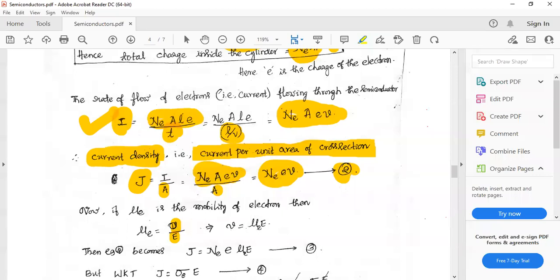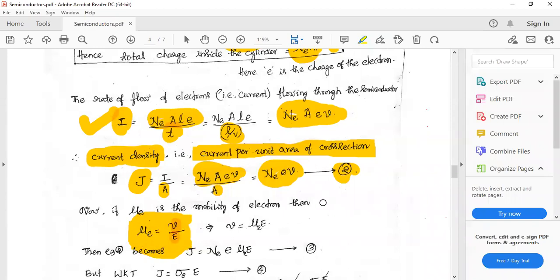And similarly, if you require a very huge electric field, then the mobility of the electron is very small. This is the actual importance of defining this mobility.